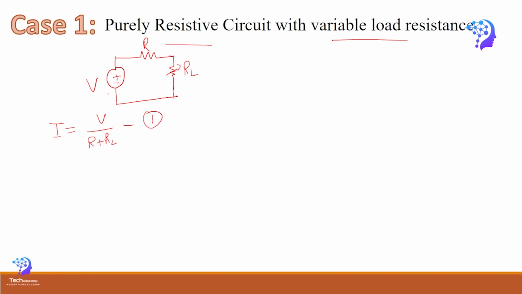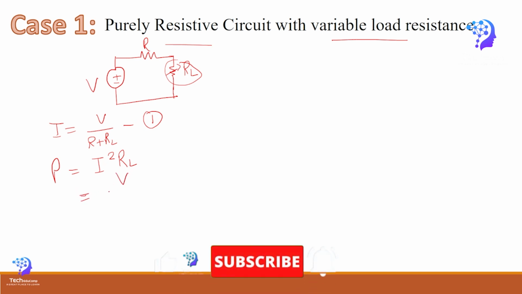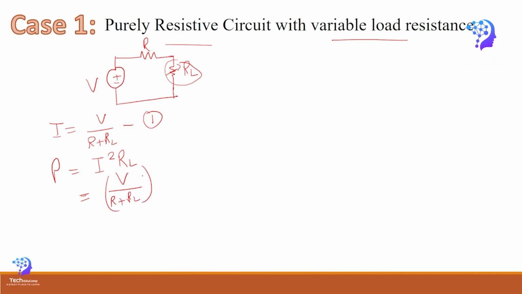Now, what will be the power if I want to find the maximum power? It will be P equal to I square RL, the power in the load. From equation number one, I can put the value of I, so it will be V upon R plus RL, whole square, into RL.